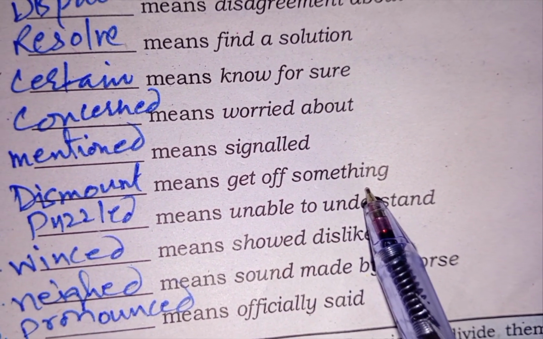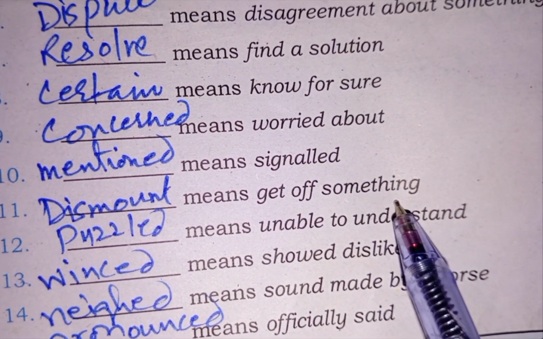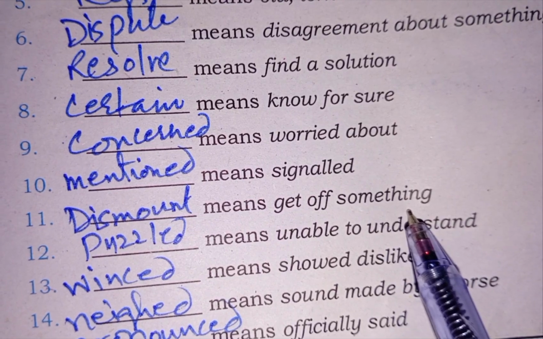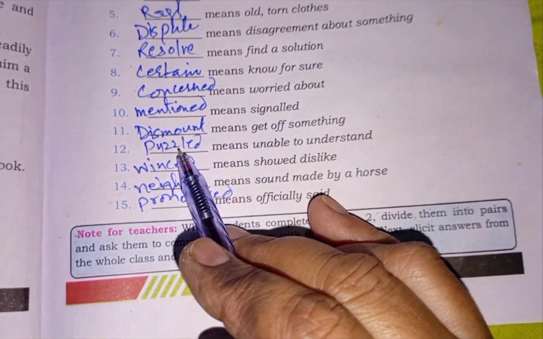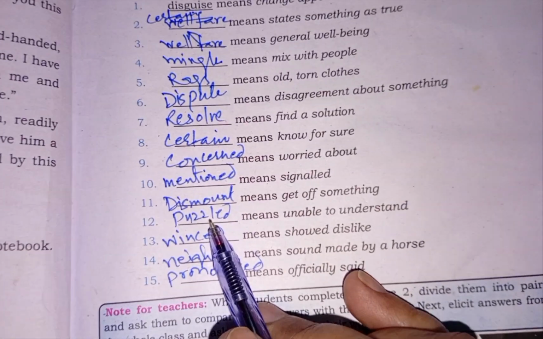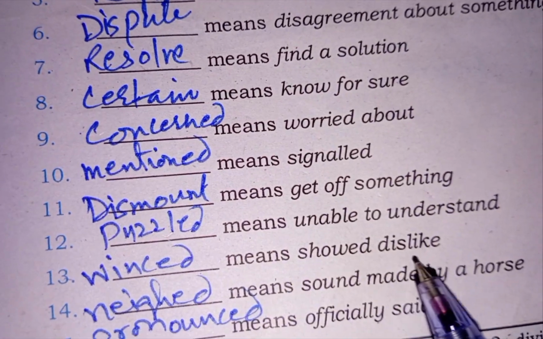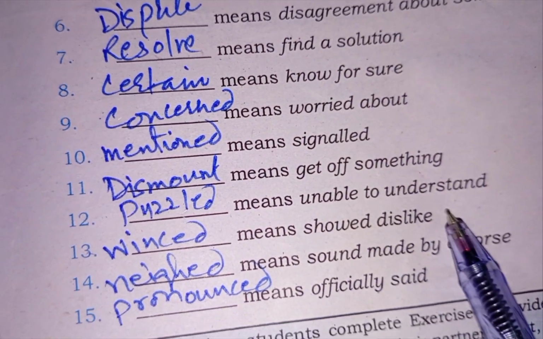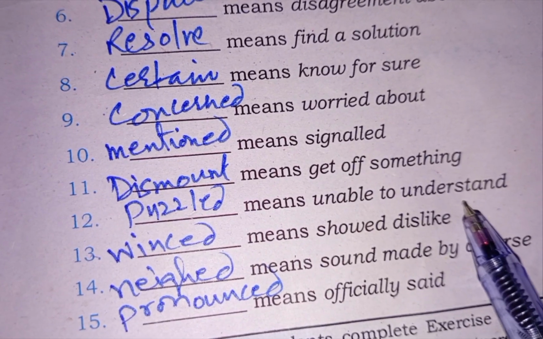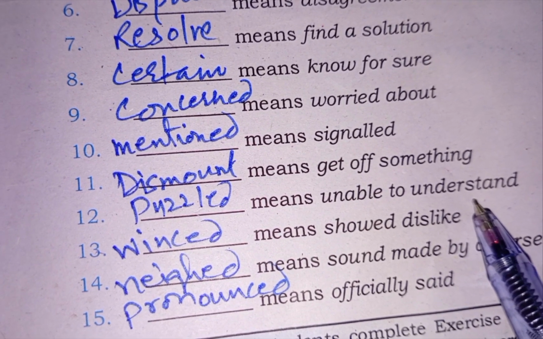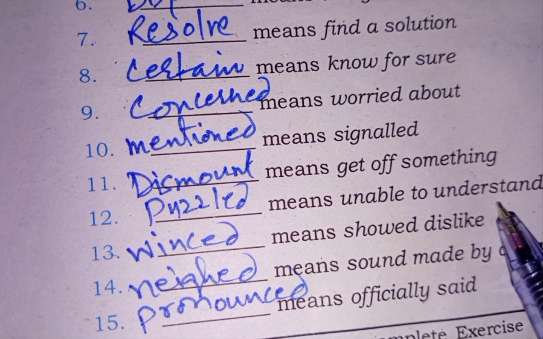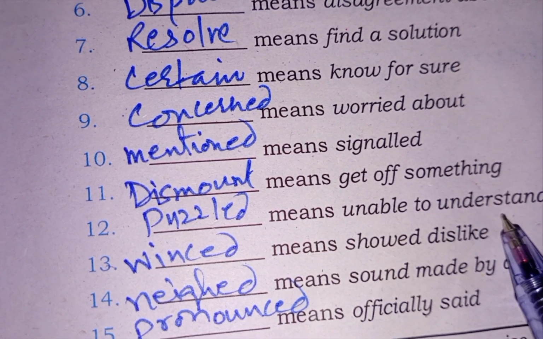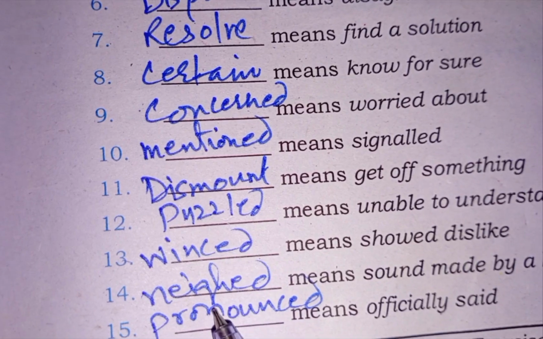Here you are looking at get off something. When you get off something, especially a horse, you use the word dismount. Puzzled means unable to understand, confused between two situations, not sure whether it is done or not done. So it is a state of being puzzled.